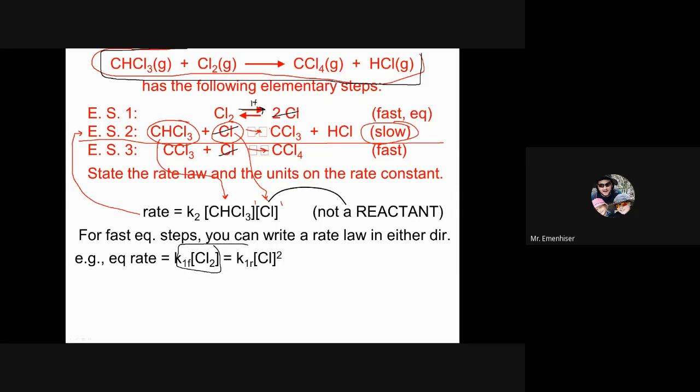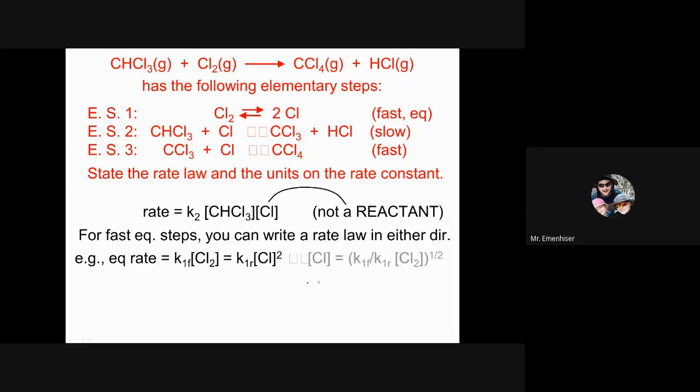Or we can write the rate of the reverse, which will depend on the chlorine. And it'll be squared because there's 2 molecules of it, right? So we can write the forward and the reverse. So chlorine is equal to K1F divided by K1R, times the chlorine raised to the 1/2 power.